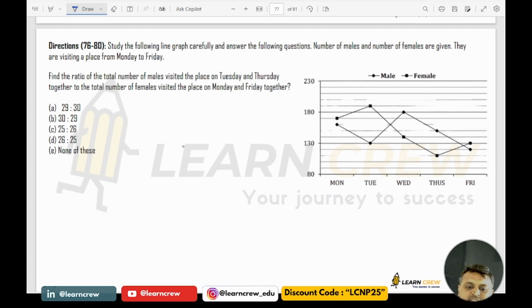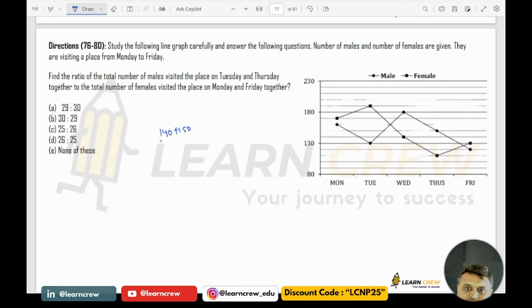So males visited on Tuesday and Thursday. This is Tuesday, this is Tuesday, this is Thursday. Tuesday and Thursday males means you have to check this one. How much is this? 140. 140 and 150 are males. So 140 plus 150.